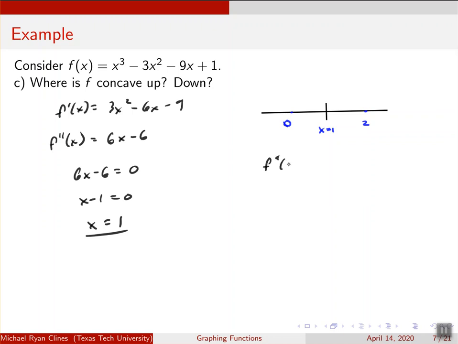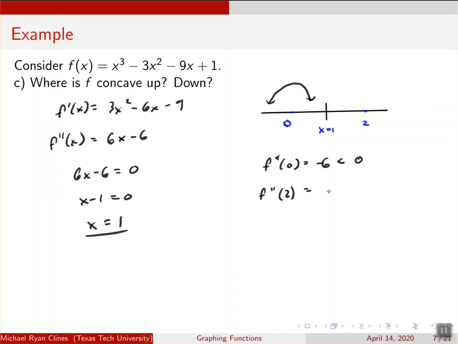f double prime of 0 is equal to negative 6, which is definitely negative. So that tells us that at this point, this function is concave down. And since we already found the only place it's equal to 0, on the whole interval, it is concave down. And it looks something like this. Now that's for that interval. Now let's check f double prime of 2.